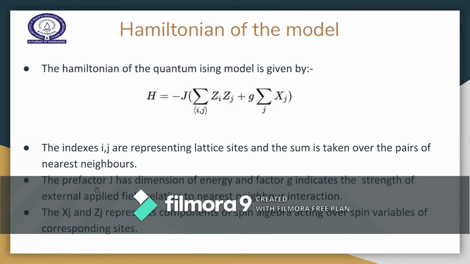The prefactor J has dimension of energy, and the factor g indicates the strength of the external applied field relative to nearest neighbor interactions. The X_j and Z_j represent components of the spin algebra acting over spin variables of the corresponding sites. So these two terms act simultaneously, and the net response of the system is the balance effect of these two terms.